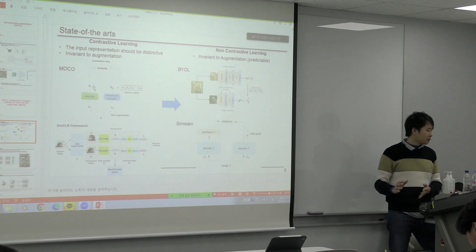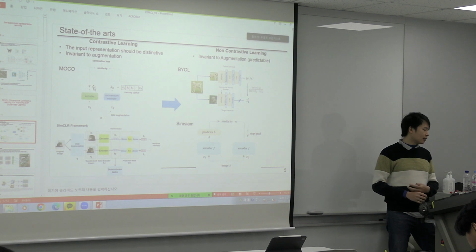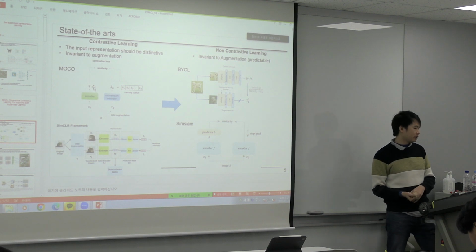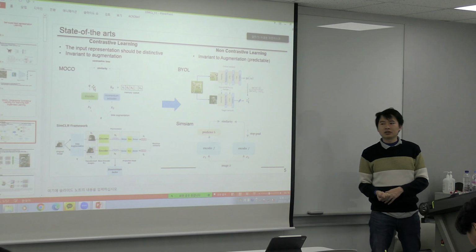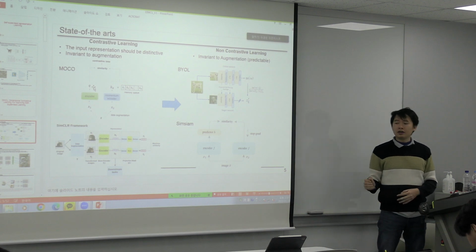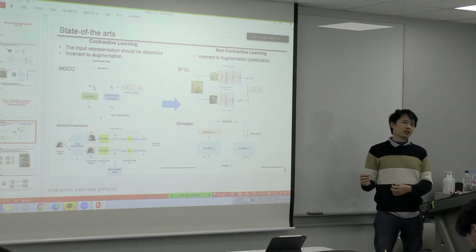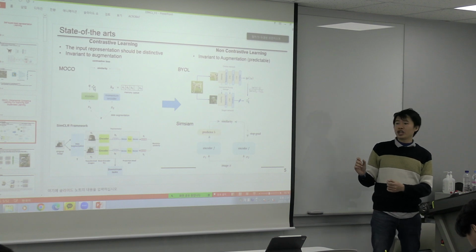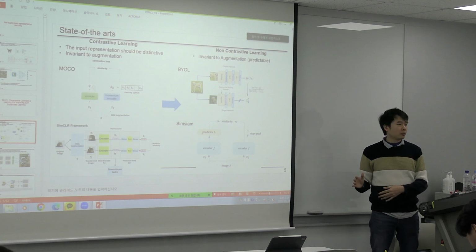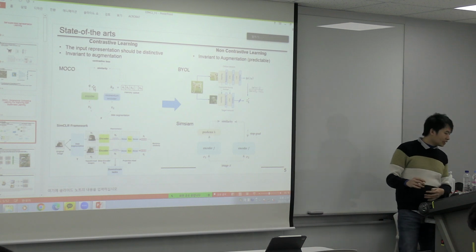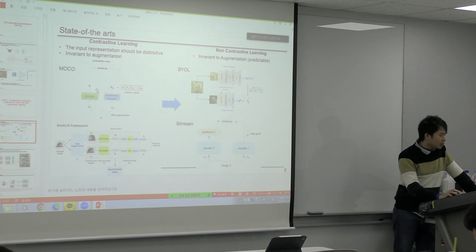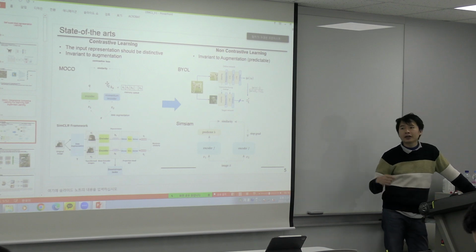It means that if we extract the feature representation of the augmentations of the input image, the feature representation should be unchanged, or invariant, to augmentation. In that sense, they design the framework so that it is invariant to augmentation, and it makes the representation of every image in our dataset distinctive.